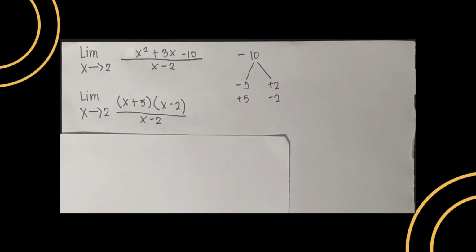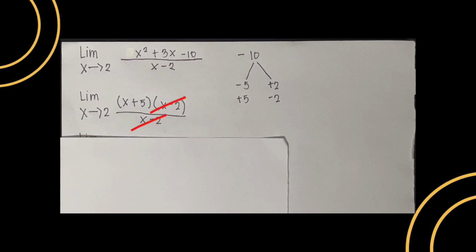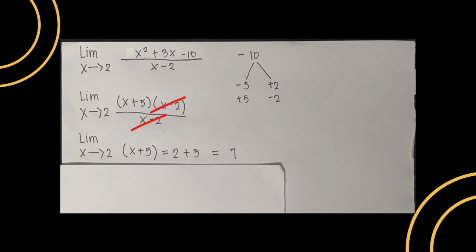And we need to rewrite the limit expression. So as you can see, we can cancel the factor x minus 2. And so we're left with the limit as x approaches 2 of x plus 5. So now we can use direct substitution.